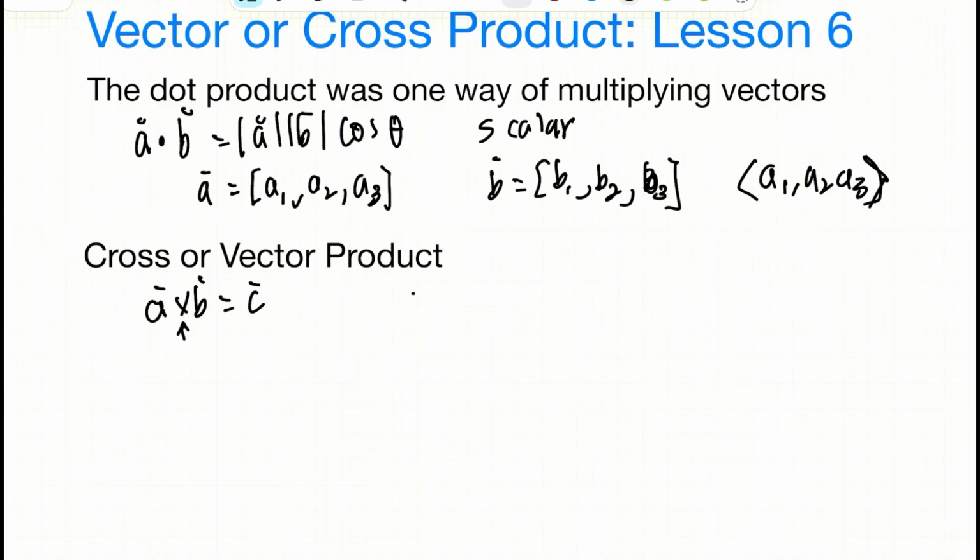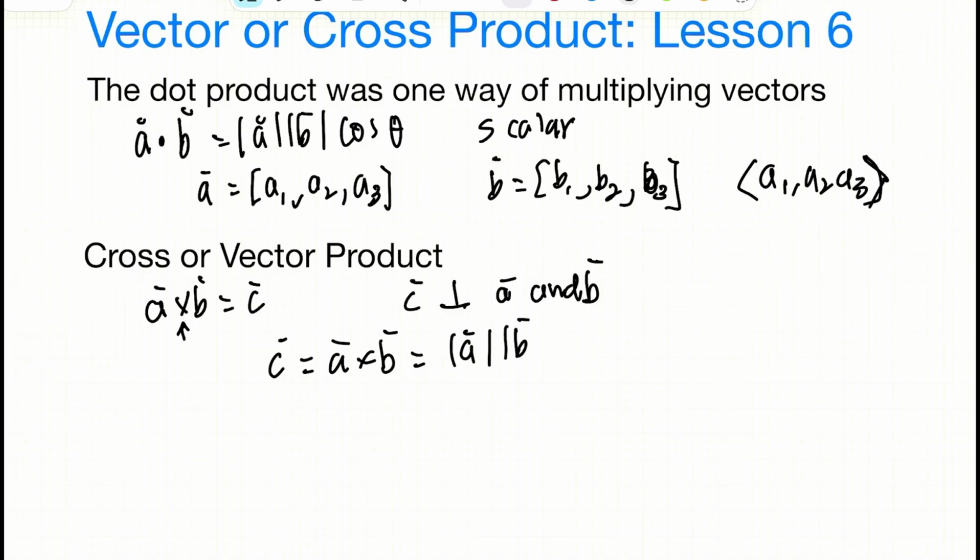The C vector is perpendicular to both A and B. So C is equal to A cross B, which is equal to the magnitude of A times the magnitude of B times the sine of the angle between the two vectors, times this normal vector, which is just the unit vector. So this is going to be perpendicular to both A and B.